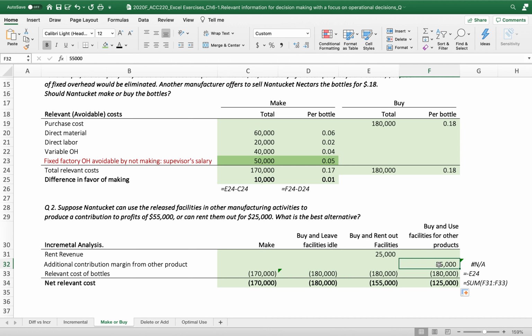But here, the lowest one, we have the lowest net relevant cost in the buy and use facilities for other products case. So definitely we have to make this operational decision of buy and use the facilities for other products.